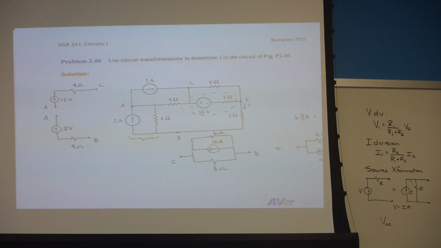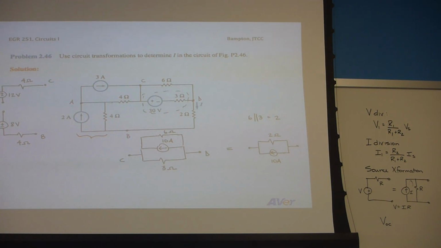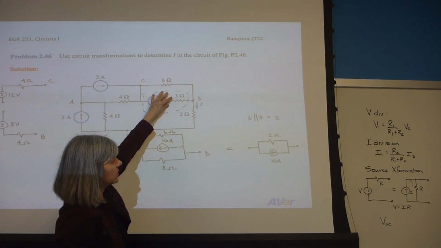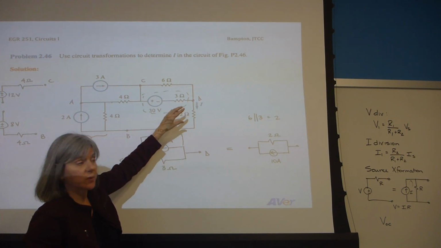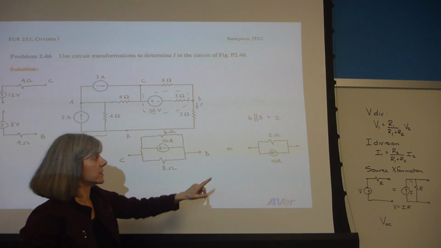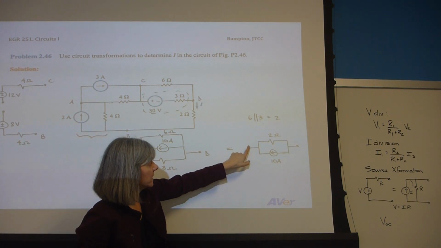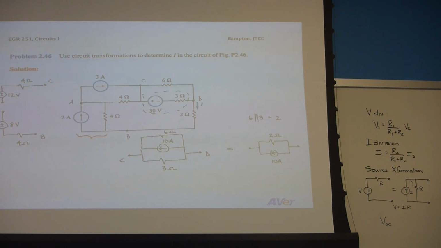Maybe you can see it again, sorry. 10 amps for my source. Okay, so this is what this corner is equal to. I am again going to like to put that into a series representation, so then I'll have series, series, series, series, everything in series. So we need to change this. We'll go ahead and label C and D again. Change that into an equivalent voltage.